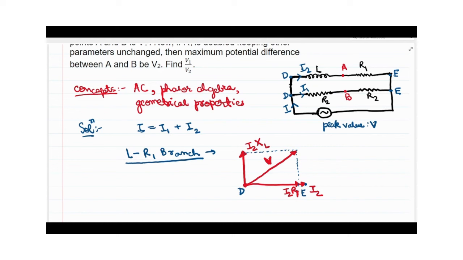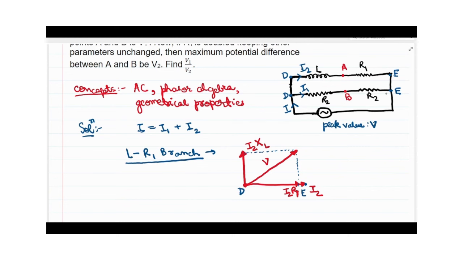All right. Also this point is E because we are actually calculating the net voltage between D and E only. And why is this V? Because the voltage between D and E is the peak value V, the source voltage, because parallel branches always have the same voltage. The potential difference between the parallel branches would be the same for any branch.